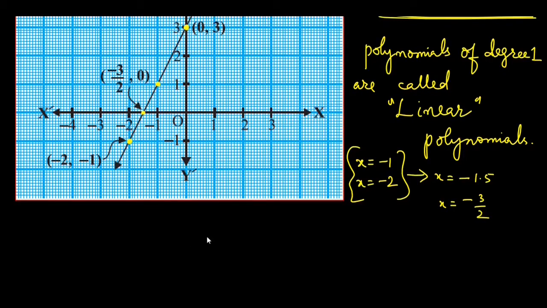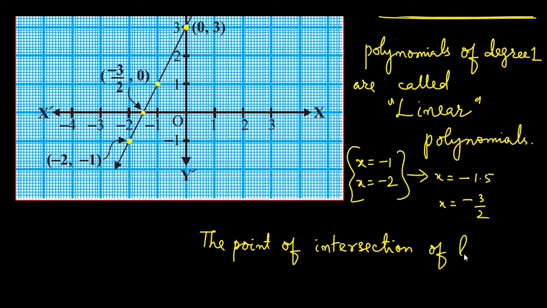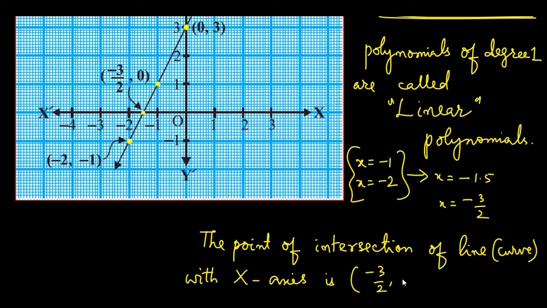The point of intersection of the line or curve with the x-axis is (-3/2, 0).